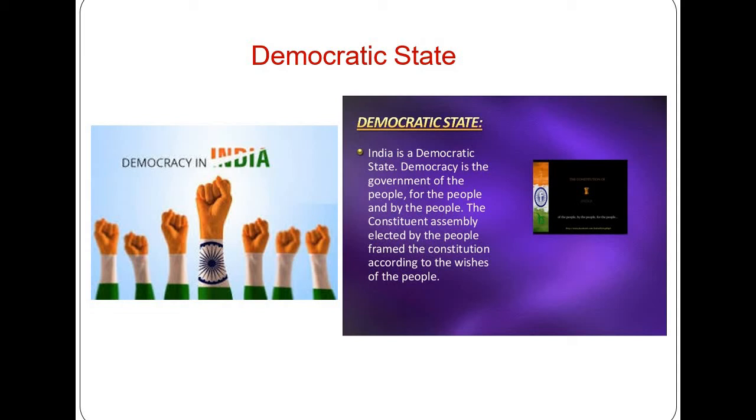We select our government. And the Constituent Assembly, elected by the people, framed the Constitution according to the wish of the people. So, it is a people's rule. Democracy is what? It's a people's rule. It is by the people, for the people.